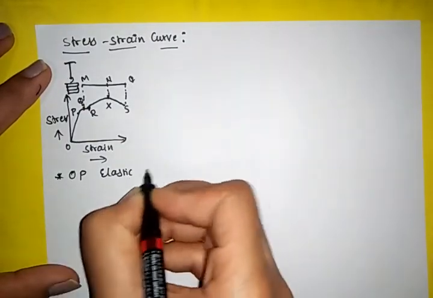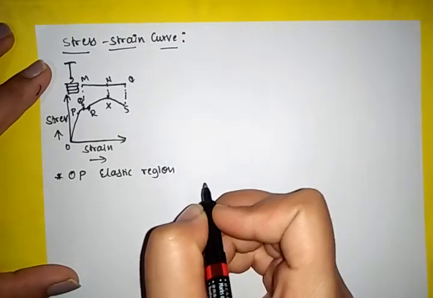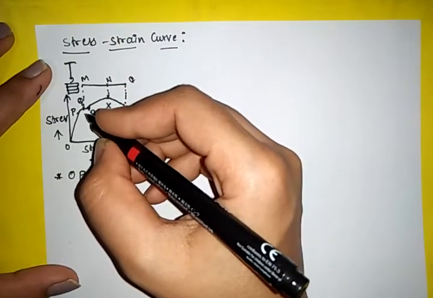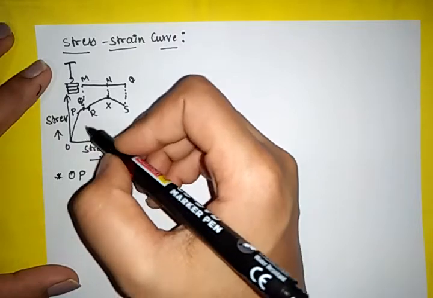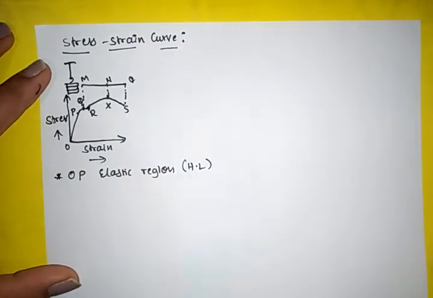In this region, proportionality between stress and strain is observed, and Hooke's law is valid only in this region.